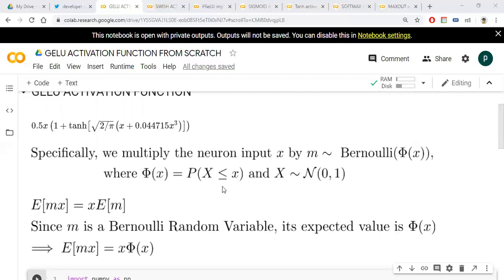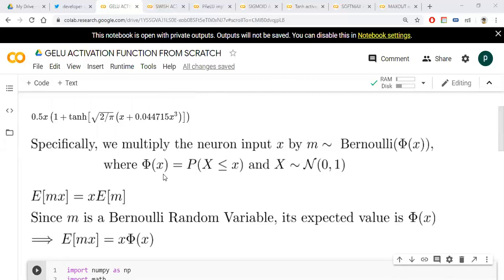So we multiply the neuron input by a Bernoulli distribution, and this is Φ(x). So this is the standard Gaussian distribution. What is Φ(x)? Φ(x) is the standard Gaussian cumulative distribution function. The output of any activation function should be deterministic, not stochastic.